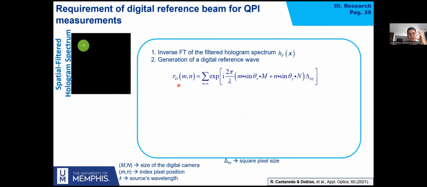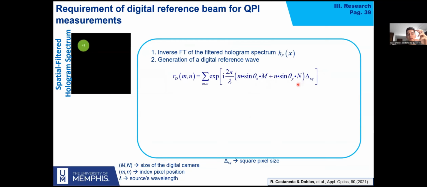The replica of the digital reference beam is easy to compute, because it depends on different terms: the wavelength, the index pixel position, the size of the digital camera, and the pixel size, right? But there are two terms that are not trivial: theta x and theta y.